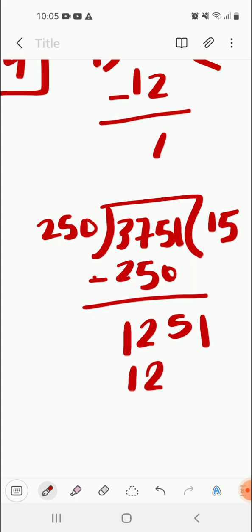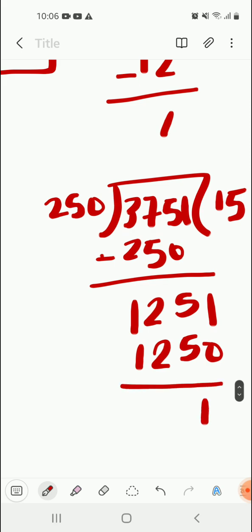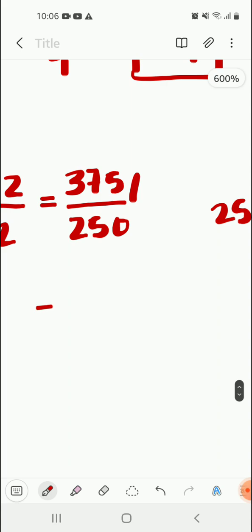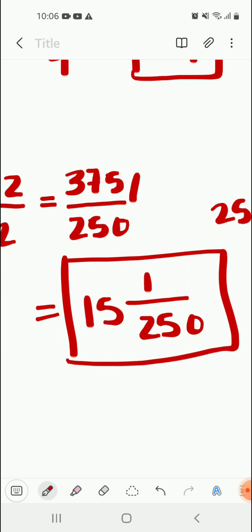We get 1250. 1. So 15, 1 by 250. So this is done.